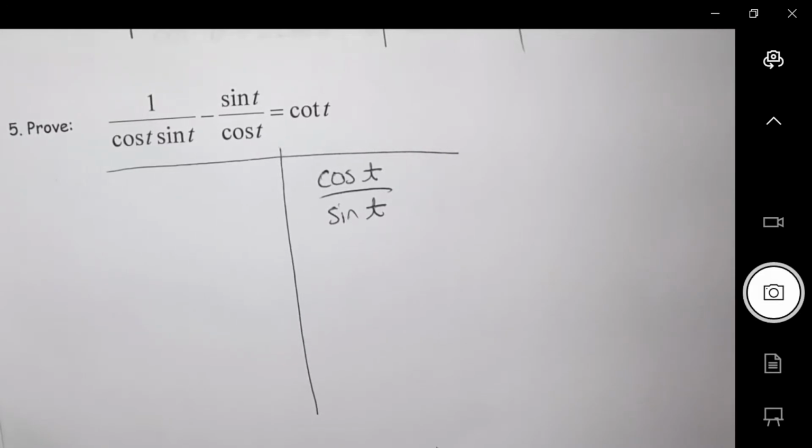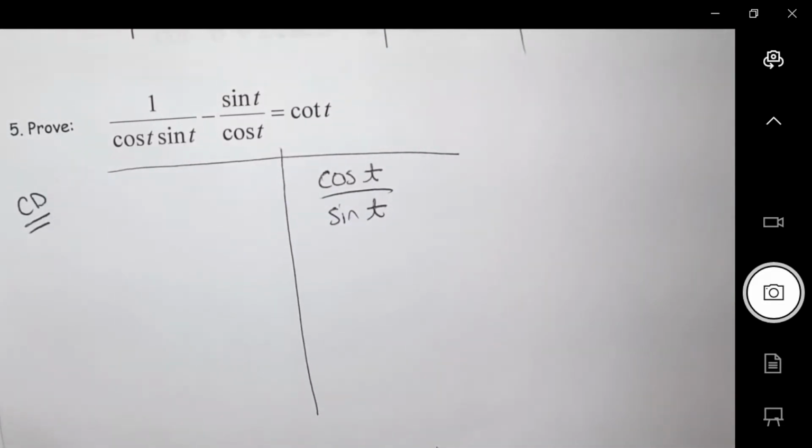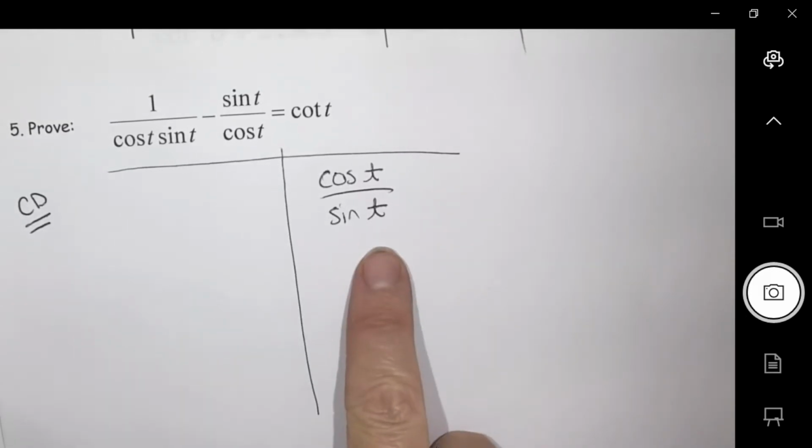What else? Is there any canceling, conjugates, common denominators? Do you see any of those strategies? I need a common denominator because I'm working with 2 fractions and I would like to have a goal.